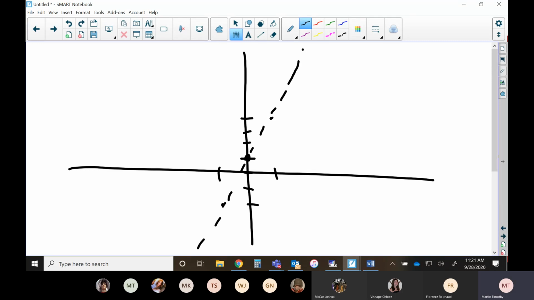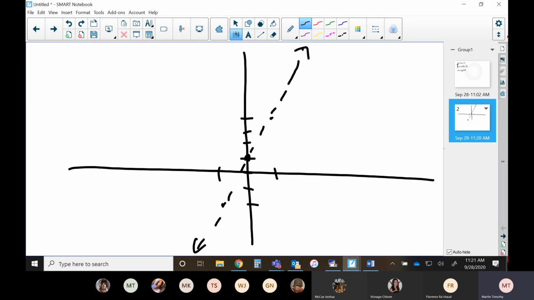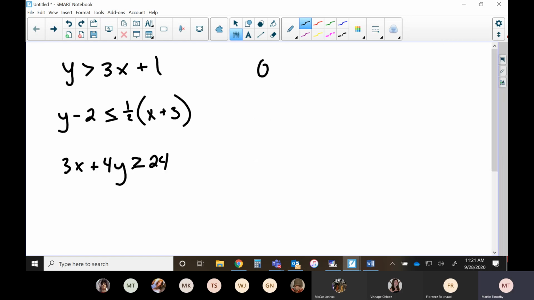Did anyone need help on that part so far? Now, the reason I did not ask you to shade it is because how many graphs are we going to be putting on the same coordinate plane? And if you just start shading everywhere, you're going to have shade on top of shade on top of shade. It gets pretty annoying. So what I do is I draw arrows for which way. And so I look at this and I go, okay, I plug in 0.